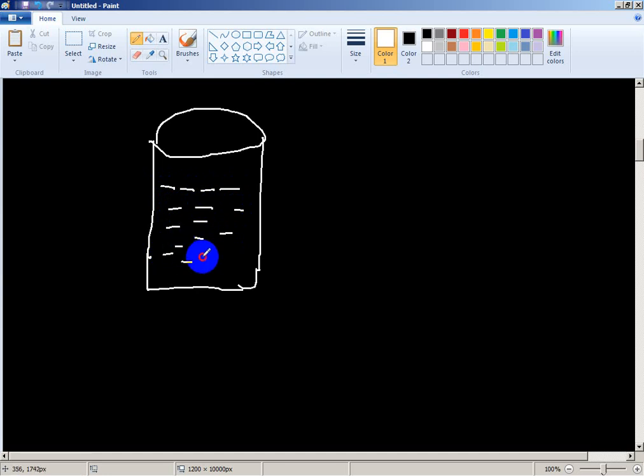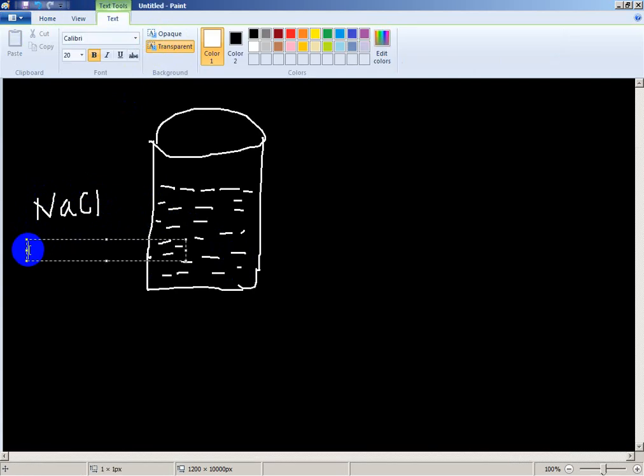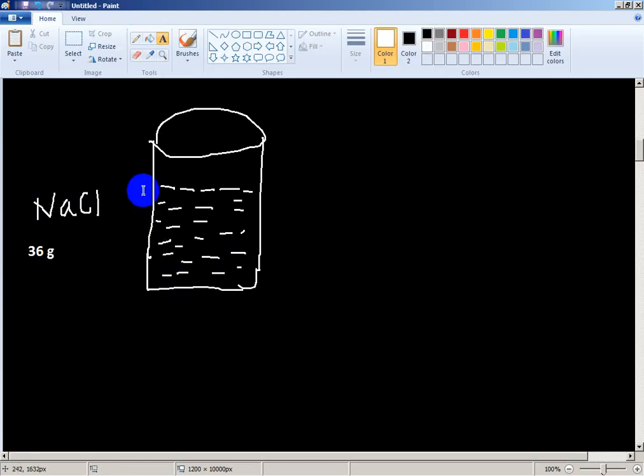Here the solvent is water, and the solute is sodium chloride. 36 gram sodium chloride is required to form a saturated solution in 100 gram of water. So the solubility of sodium chloride is 36 gram in 100 gram of solvent.